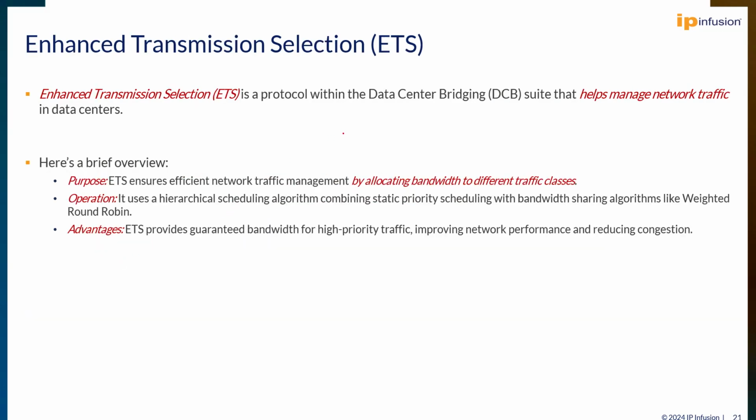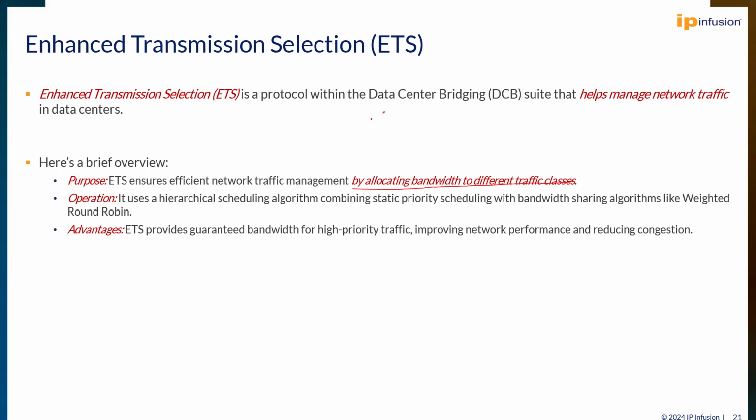What about ETS? That's going to manage network traffic in the data center. And the purpose is assigning the amount of bandwidth that is going to be used for each type of traffic. You can say, for example, from a general point of view, what I'm going to do is this.